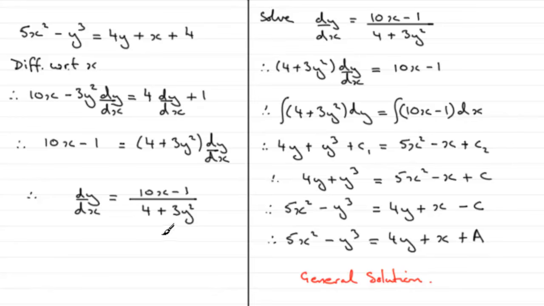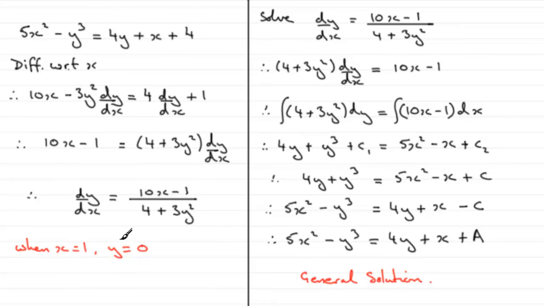But let's just suppose that we want to solve an equation which has plus 4 on the end. Then we're given what is called boundary conditions. And for this equation here, can you see that if I was to say that when x equals 1, y equals 0, it will actually satisfy this equation, because here we'll have 5 times 1 squared, that's 5, take away 0, which leaves us with 5 on the left hand side, and if y is 0, this term is 0, x is 1, so you've got 1 plus 4 is also 5.